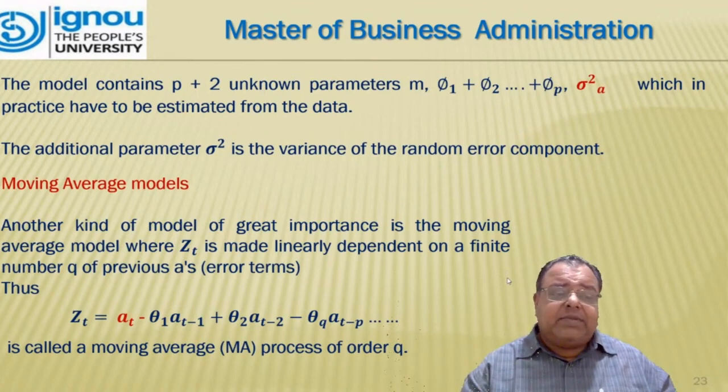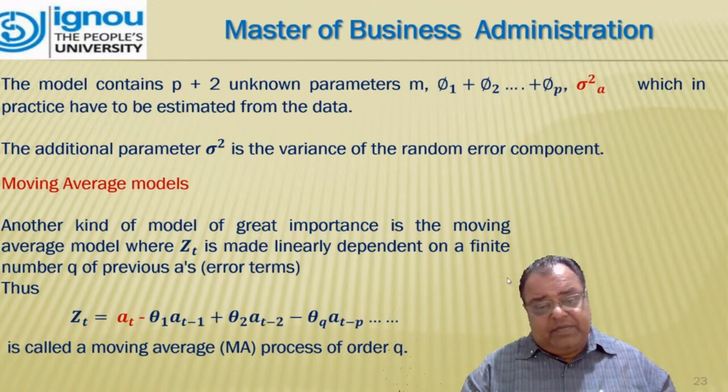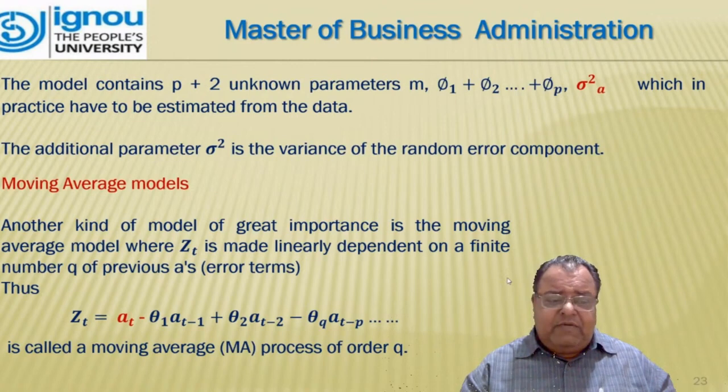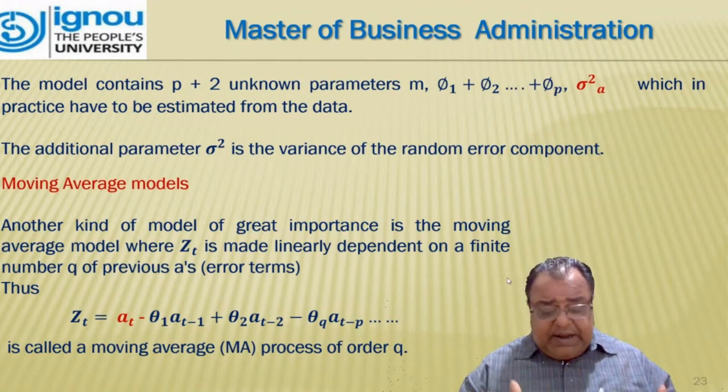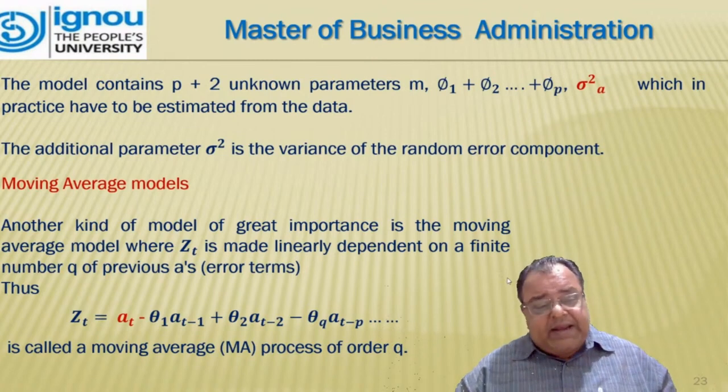Now, the second part is the moving average model. In the moving average model, zt is made linearly dependent on a finite number q of previous a's, that is error terms.